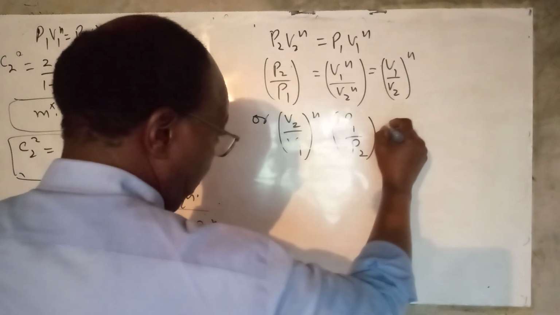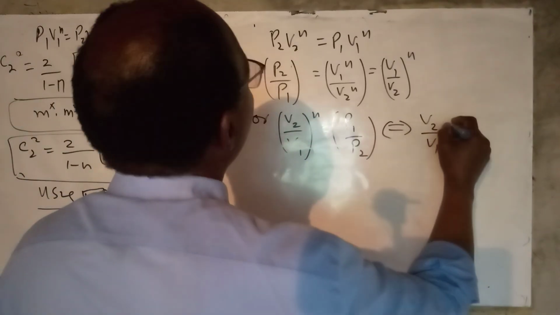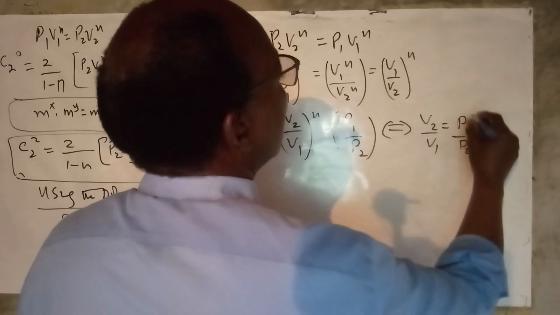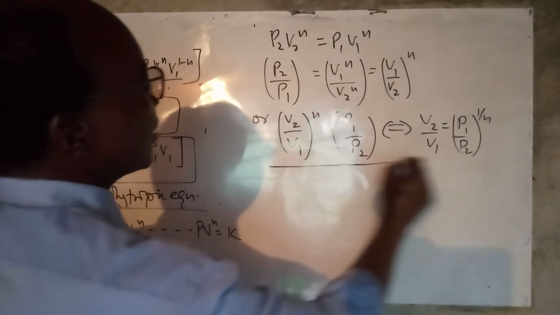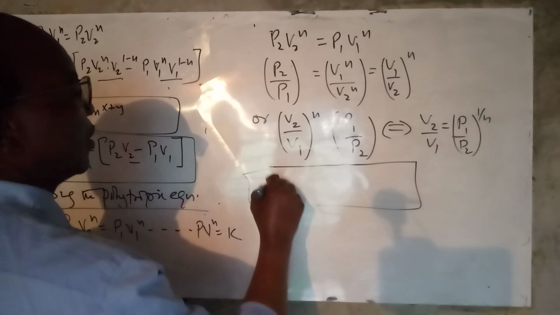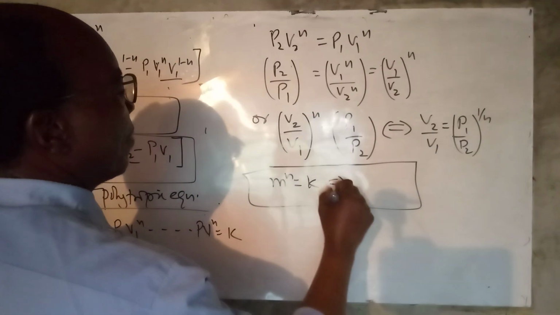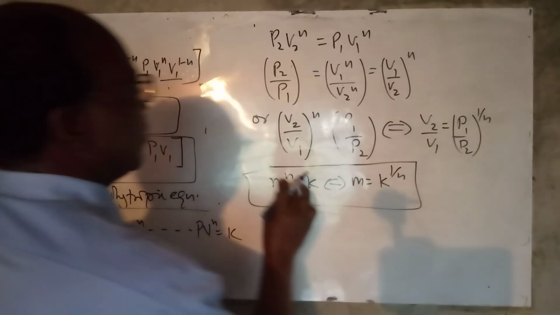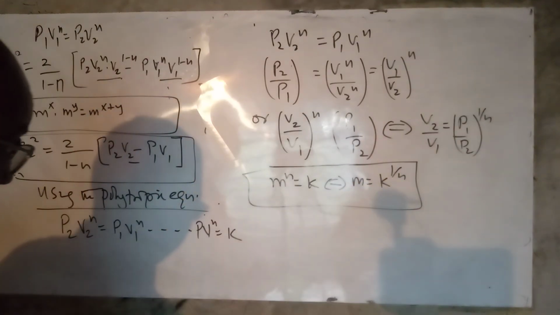So V2 over V1 will be equal to P1 over P2 to the 1 over n. Remember, we just use the simple identity, don't get confused. m^n is equal to k is the same as m is equal to k^(1/n). You just divide the exponent by n, simplify. We just did that exactly there.